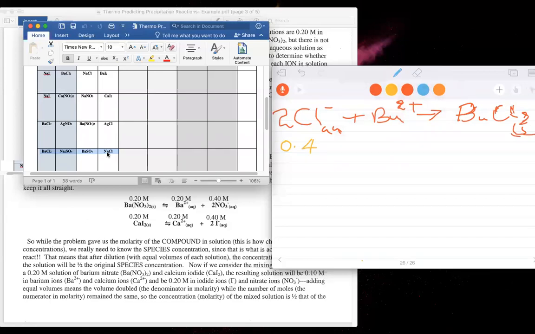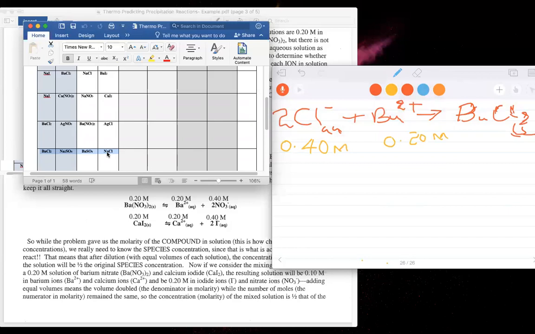This is 0.40. Why am I multiplying it by 2? Because from the balanced equation, it is 2. The concentration for barium is 0.2. We don't have the concentration for solid.